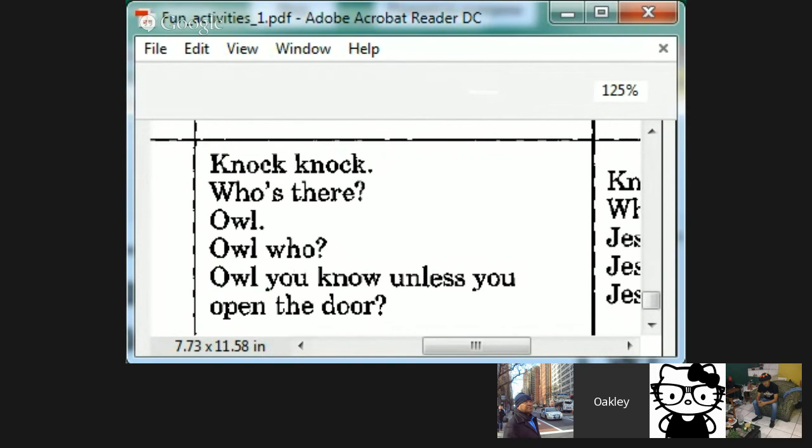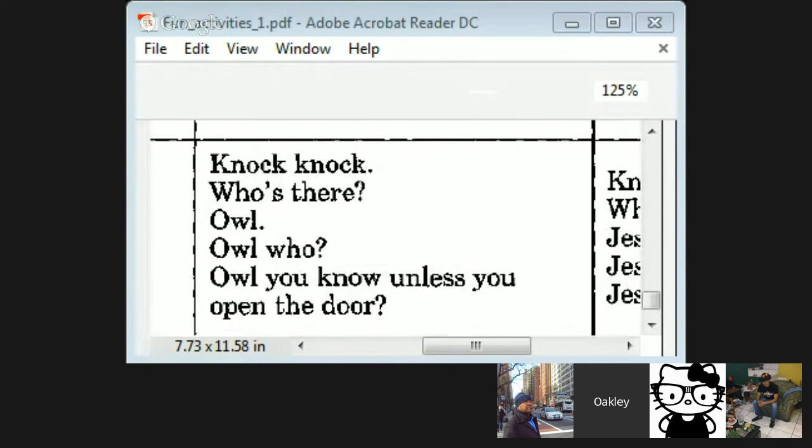The idea here is, how will you know unless you open the door? We have a couple of things going on here. How will you know unless you open the door?